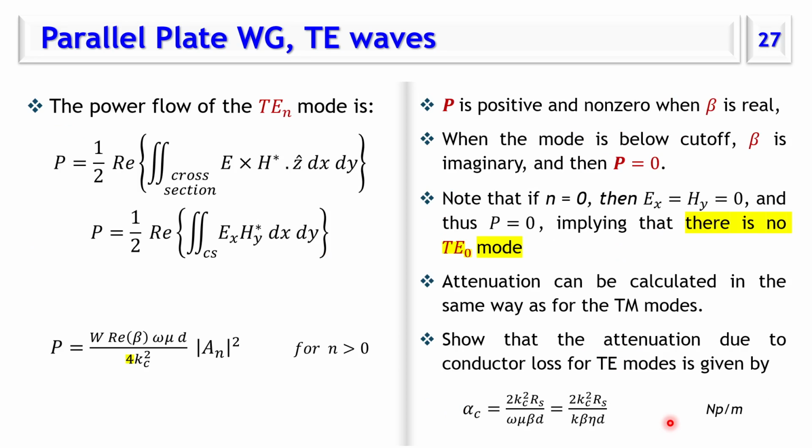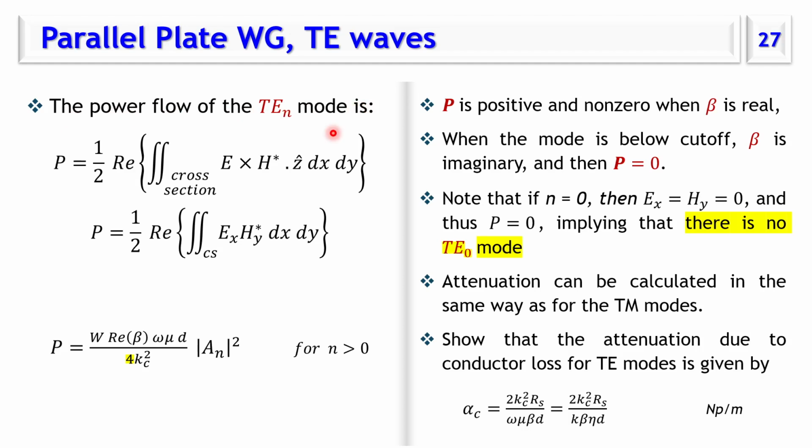And an important thing here, there is nothing called TE0, because if n equals 0, E and H will equal 0, and the power flow will equal 0, so there is no existence of TE0 mode, while TM0 mode is identical to the TEM wave.